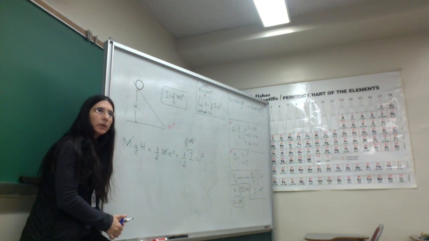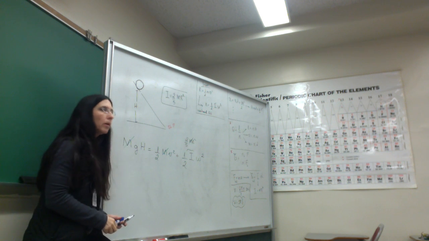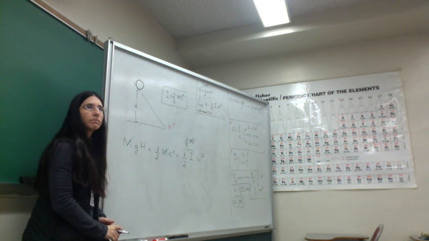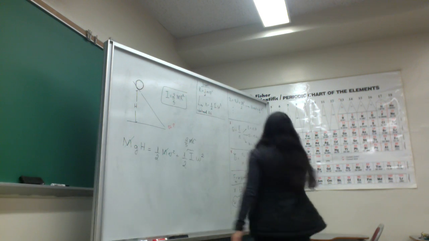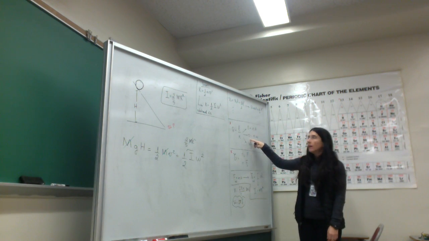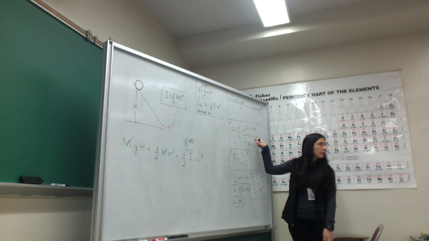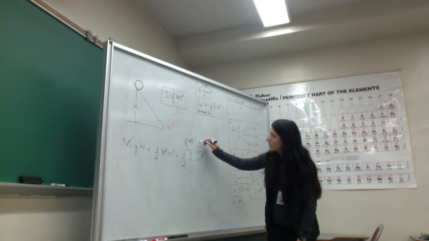Remember what I said? I want an equation for V that depends only on G and H. I see that omega in my way there. How can I remove this omega? Omega times r, right? Because you're multiplying it by r anyway because it's mr squared. You're correct. I'm going to write this equation there. Instead of writing omega, I'm going to write V divided by R. So this, I'm going to write V divided by R squared.